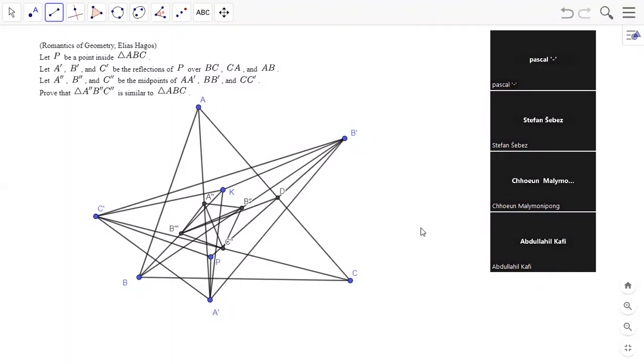Tricky one. Try to reflect and use the gliding principle.